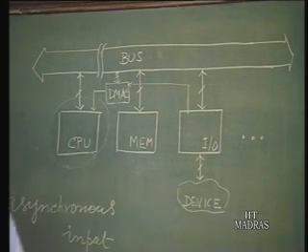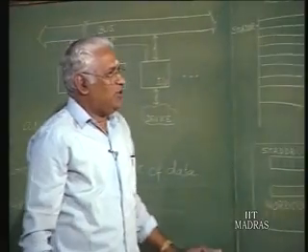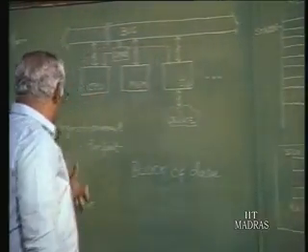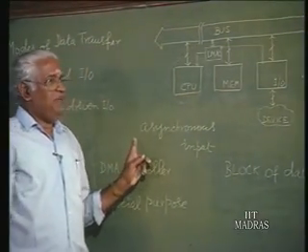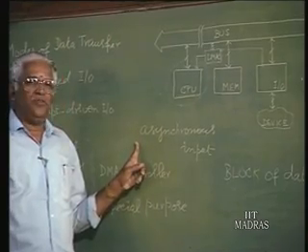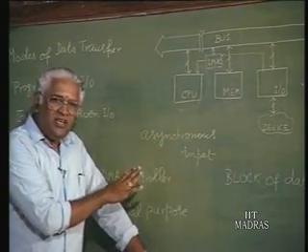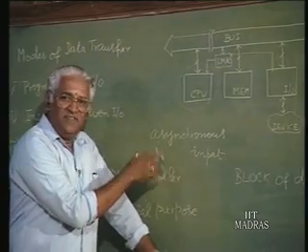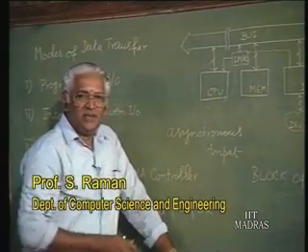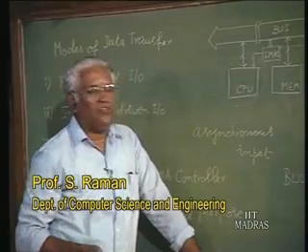Now, as with the interrupt, the DMA request is also an asynchronous input. It is not synchronous. When the device is ready with the data, it is going to indicate. DMA is also an asynchronous input.